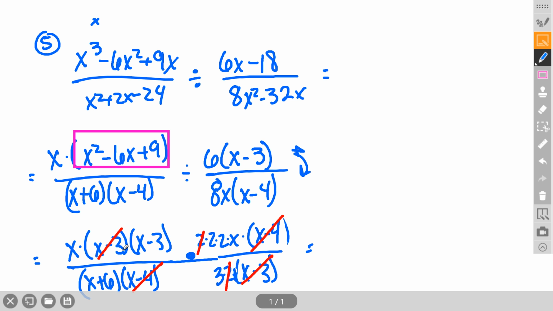So what do I have left? For the numerator, I have 2, 2, x, x, and x minus 3. So 2 times 2 times x times x times x minus 3. All right, in the denominator, I have 3 and x plus 6.